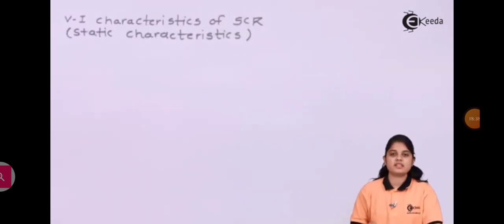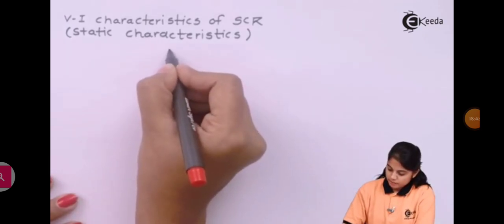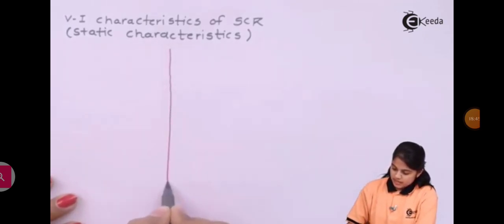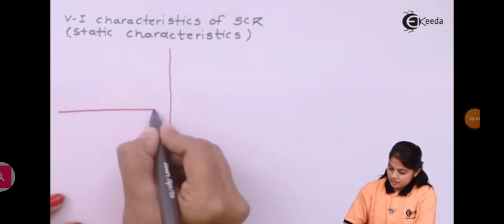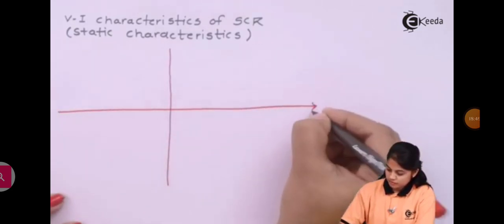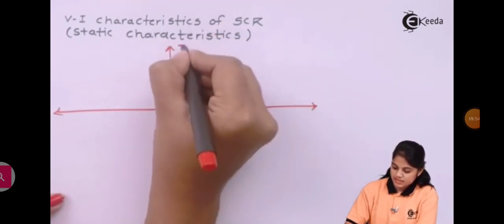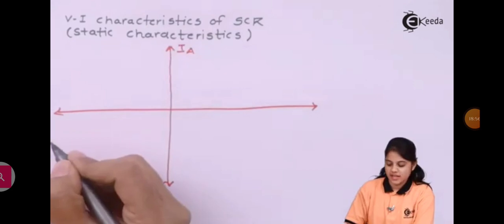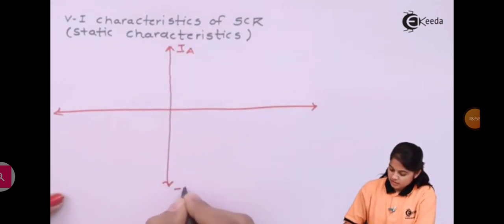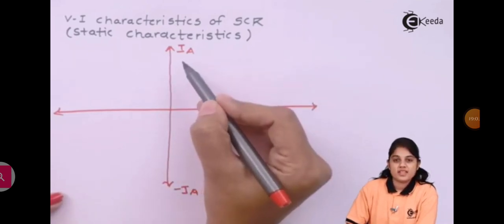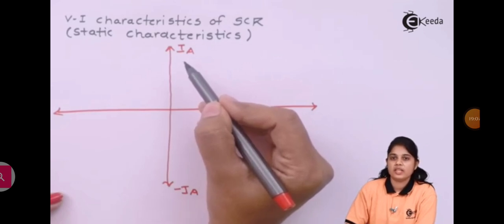So let's move towards the VI characteristics graph of an SCR. Before I start, let's see the parameters on the axes of the graph. I have drawn the graph. I have forward current, that is IA, on the y-axis, and reverse current IA. A denotes anode current, that means the current flows from anode to cathode.